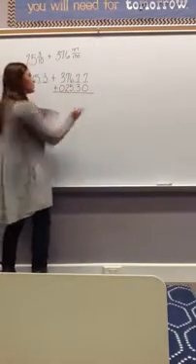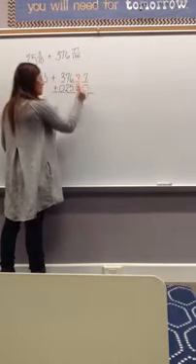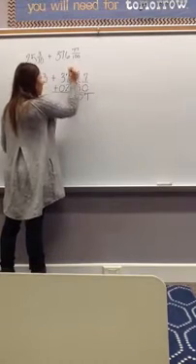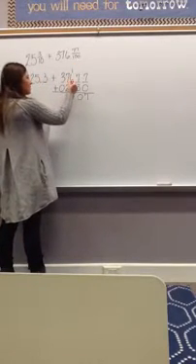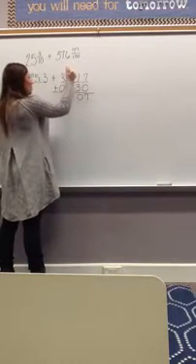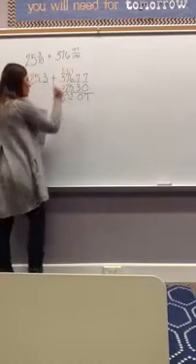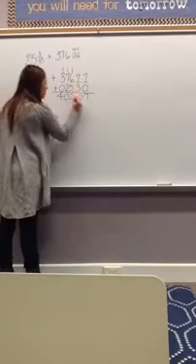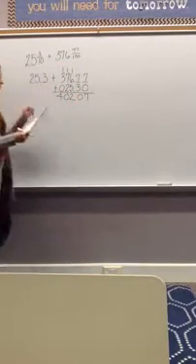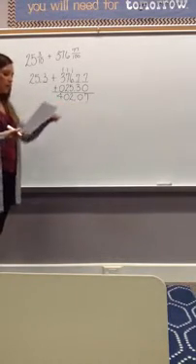It does not change the value. 7 plus 0 is 7. 7 plus 3, 10, carry your 1. 1 plus 6 is 7, plus 5, 12. 1 plus 7 is 8, 9, 10, carry your 1. 1 plus 3 is 4, decimal point comes straight down. So you should have gotten 402 and 7 hundredths.